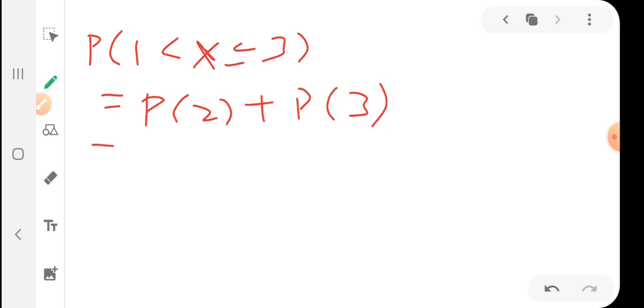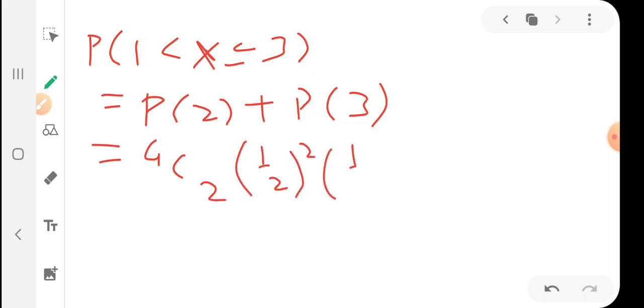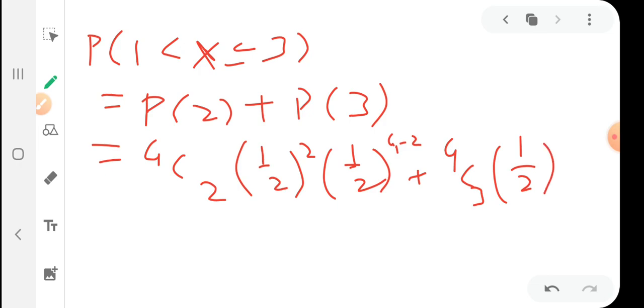P of 2 plus P of 3 means 4C2, 1 by 2 square into 1 by 2 raised to 4 minus 2, that is 2, plus 4C3, 1 by 2 cube into 1 by 2 raised to 4 minus 3, means 1.